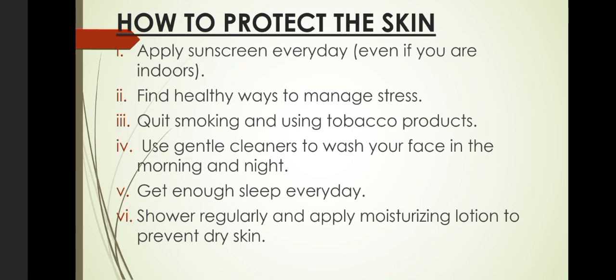Number two, you must find healthy ways of managing stress. Number three, you must ensure that you quit smoking and using tobacco products. Number four, when you are cleaning your body, you must ensure that you use gentle cleaners to wash both your face and your entire body. Number five, you must ensure that you get enough sleep every day. And finally, number six, make sure that you shower regularly and apply moisturizing lotion to prevent dry skin.